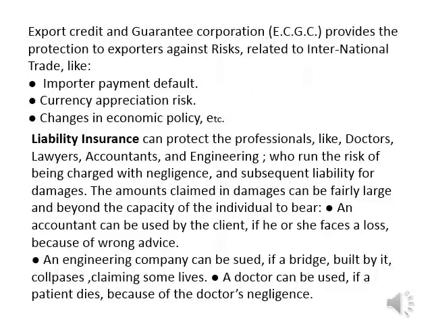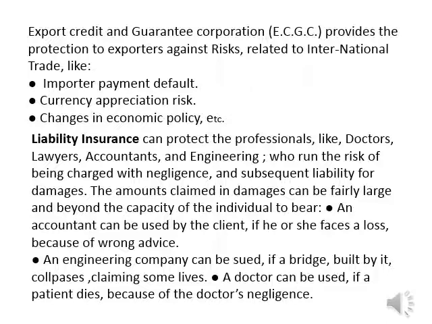So the amount claimed for the damages can be fairly large, beyond the capacity of the individual to bear. And that is the reason for the private limited company, the limited company. The person who has this business is limiting his liability considering the overall business profit. The proprietorship or the individual cannot limit their liability. So an accountant can be used by a client, and if he or she faces a loss because of wrong advice, there will be a liability claim against the accountant.